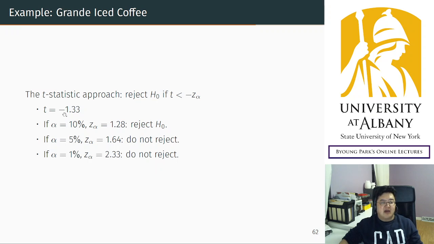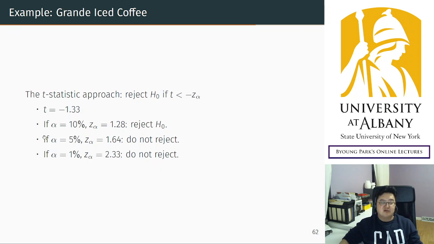And T is minus 1.33. Then the cutoff thresholds are 1.28, 1.64, 2.33. Of course, you have to take the negative of them. Then again, if alpha is 10%, then the T-statistic is smaller than minus 1.28, so you have to reject the null hypothesis.